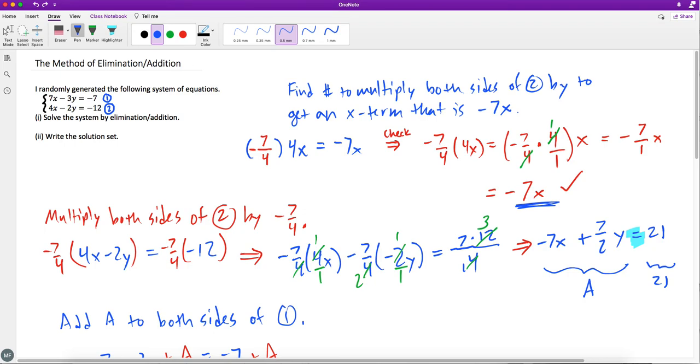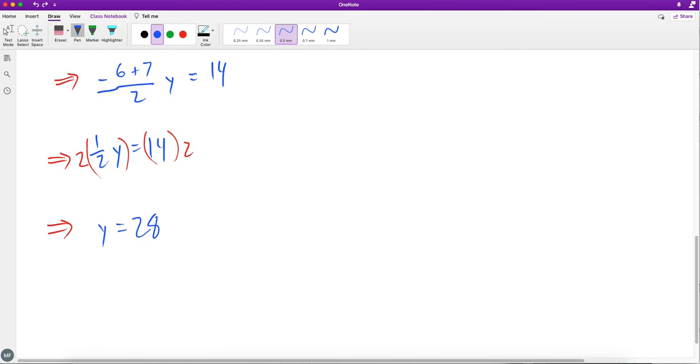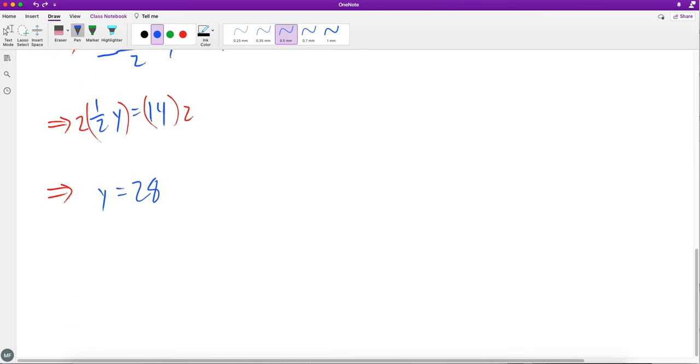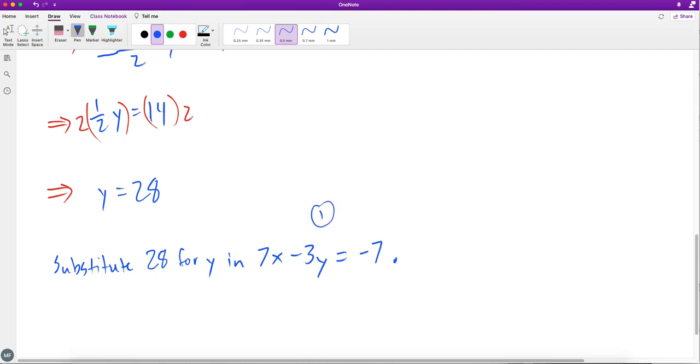So 7x minus 3y equals negative 7. And so what I'm going to do is substitute 28 for y in equation 1.